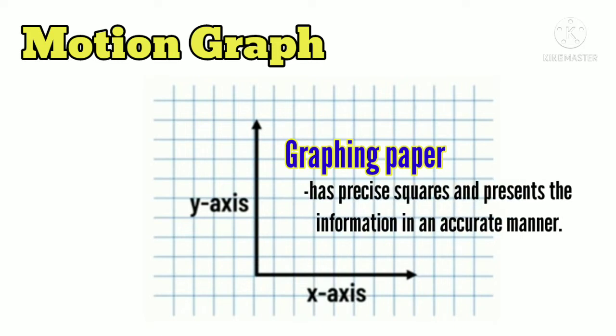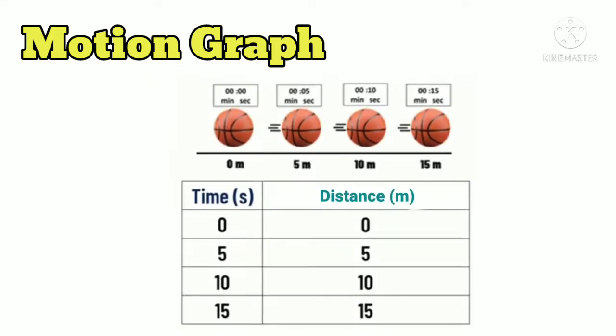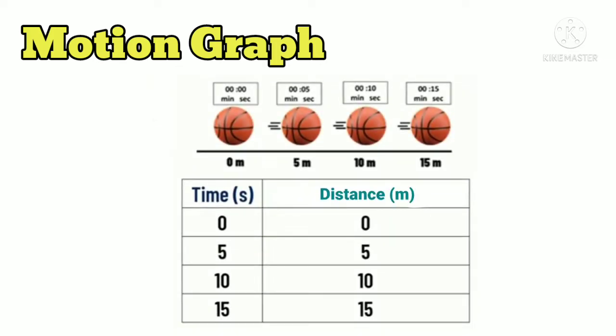Graphing paper has precise squares and presents the information in an accurate manner. To understand how a graph works in representing motion, let us try graphing the following data. The table shows the distance of the ball in a given time interval. To represent the motion of the ball using a graph, we need to plot this data.